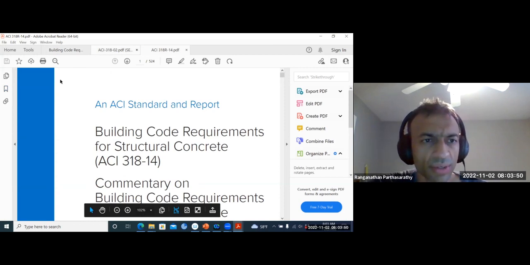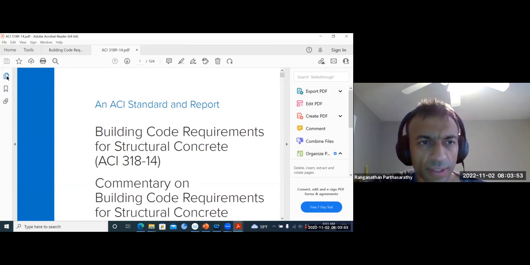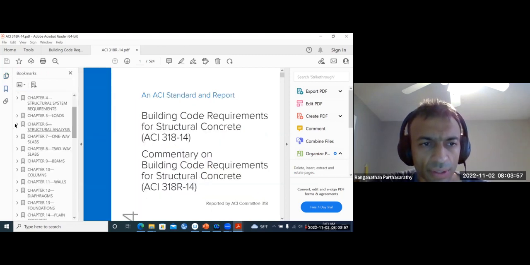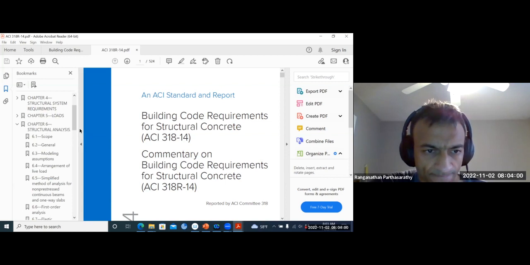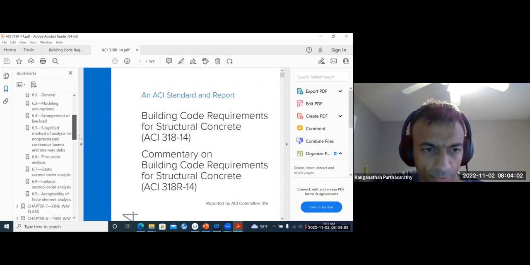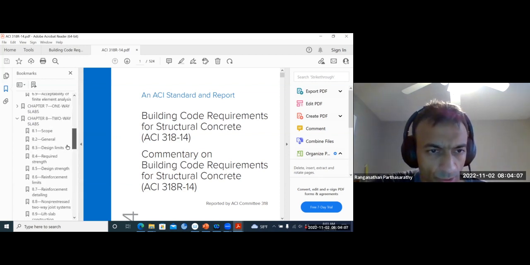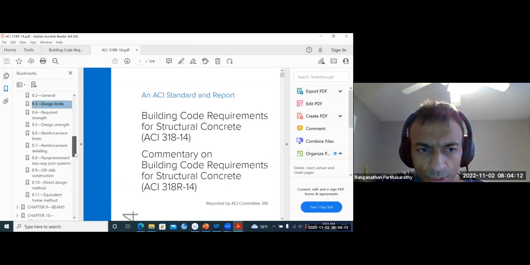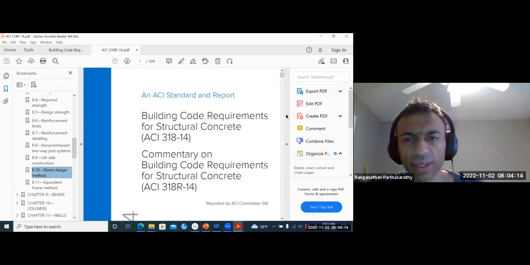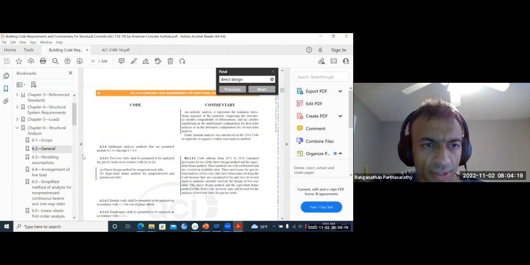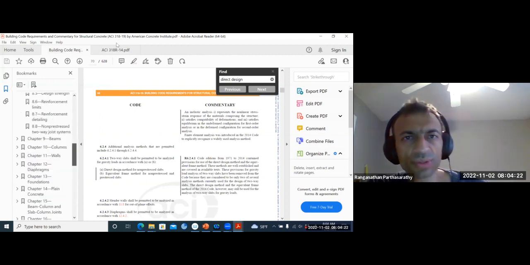We need to look at the 2002 code. Here you can see these two sections, they are not there in the 2019 code. It ends at 8.8.